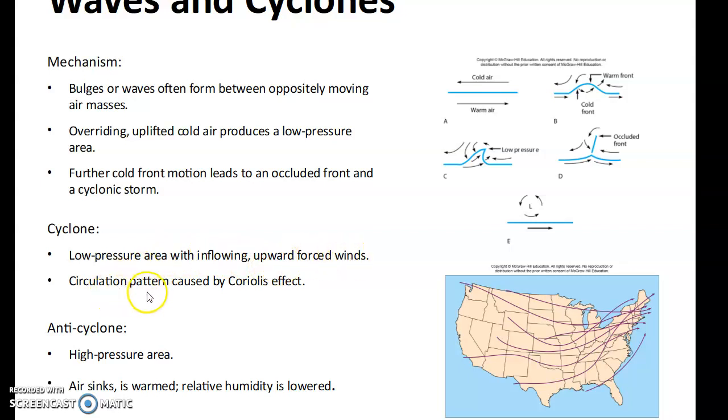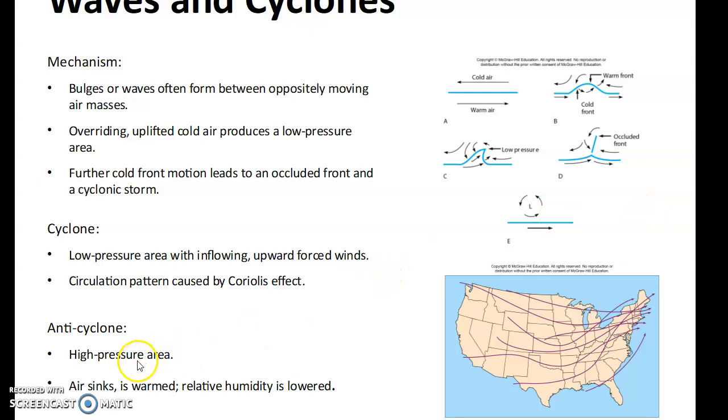The circulation pattern is caused by the Coriolis effect, right? So this shows the warm air here, the cold air here, and at the front there you get a loop, and all of a sudden if it becomes too much, the occluded front, you then get the cyclone taking place and just destroying everything in its path.